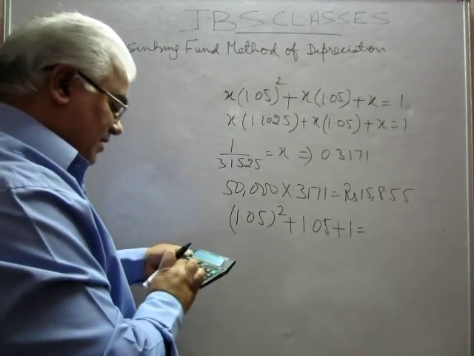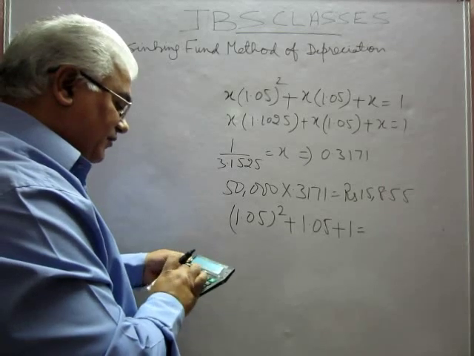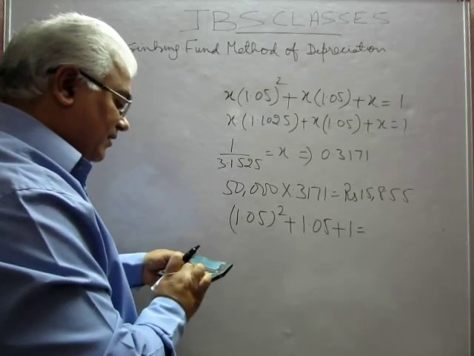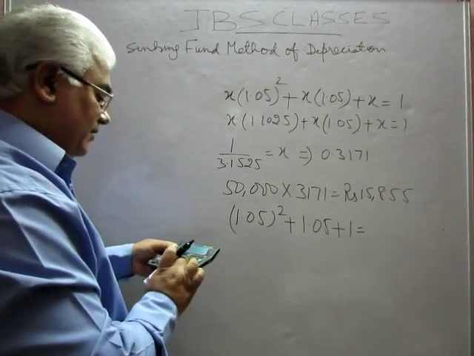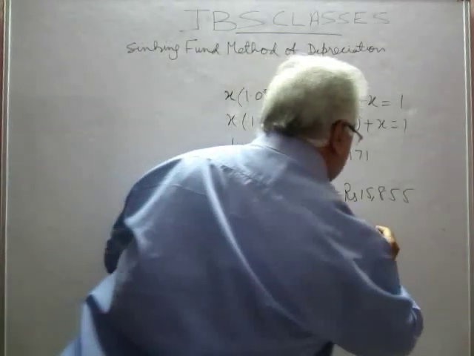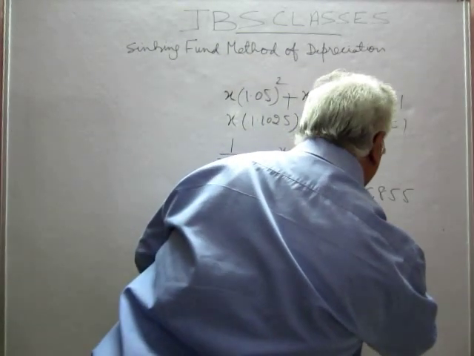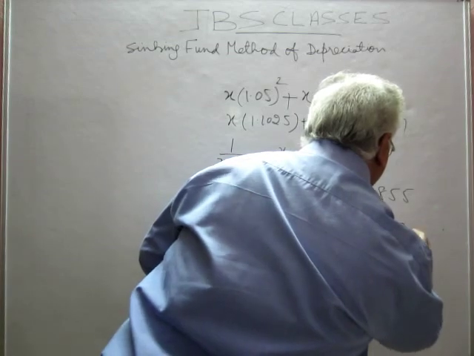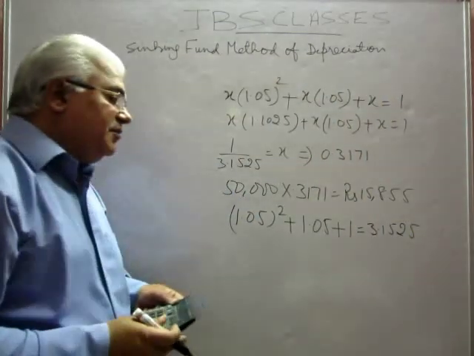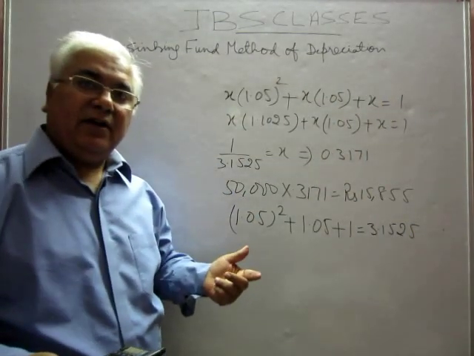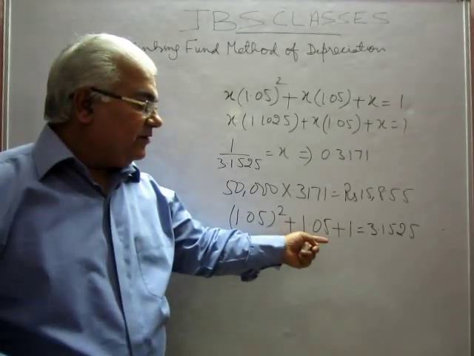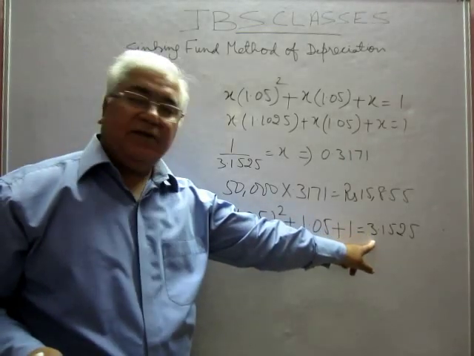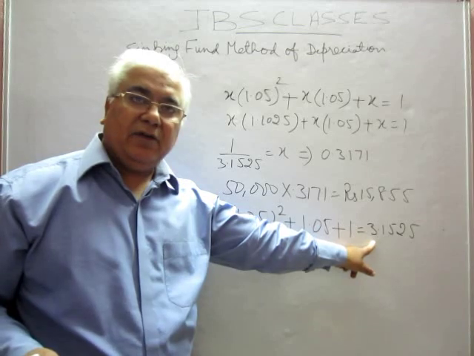1.1025 plus 1.05 plus 1, this is 3.1525. That means an annuity of rupee 1 for 3 years will become this after 3 years. This is the future value.